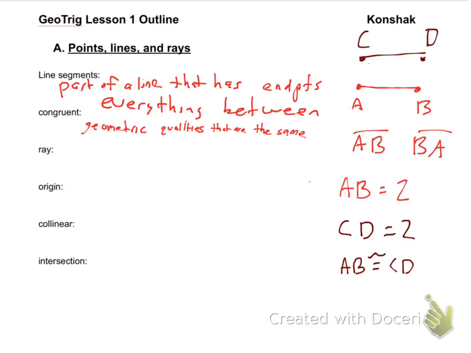But what's a ray? We got a line segment. Now we have a ray. A line segment was part of a line that had 2 endpoints. A ray is part of a line with what? 1 endpoint.